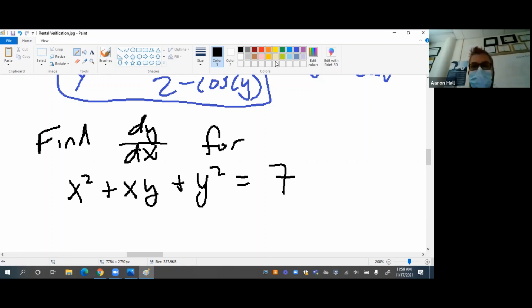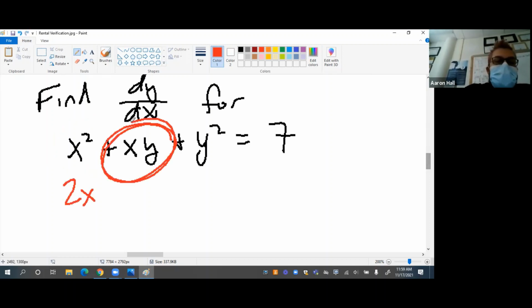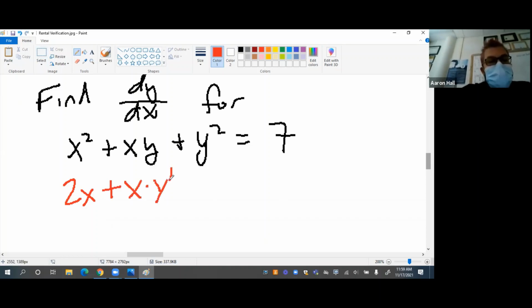Gaia, what is the derivative of this? Correct. What is the derivative of this? Product rule. This is times. All right. So x times y prime plus y times the derivative of this.